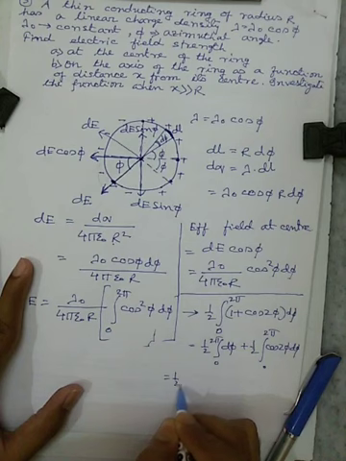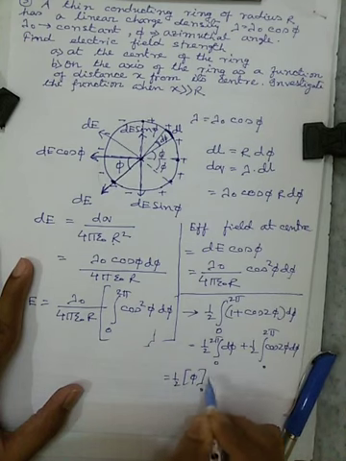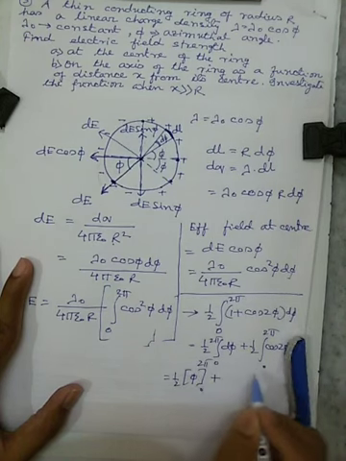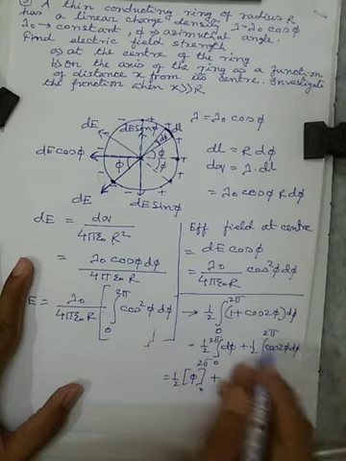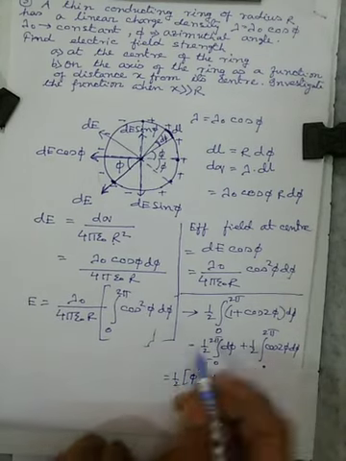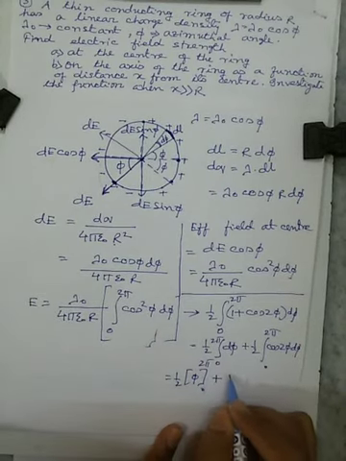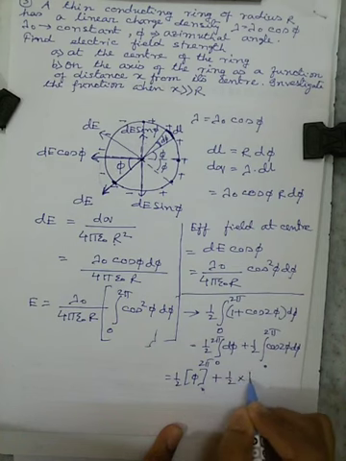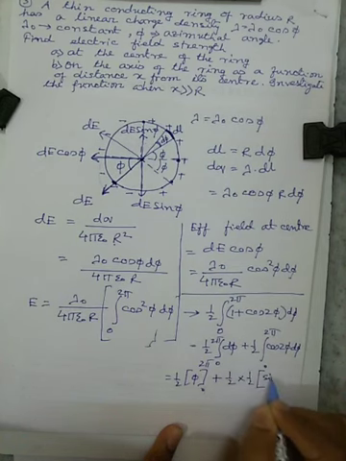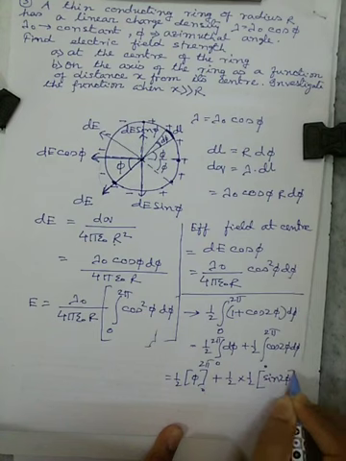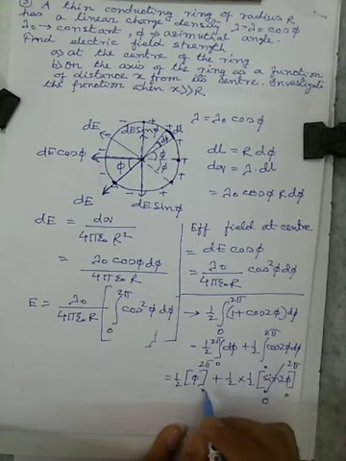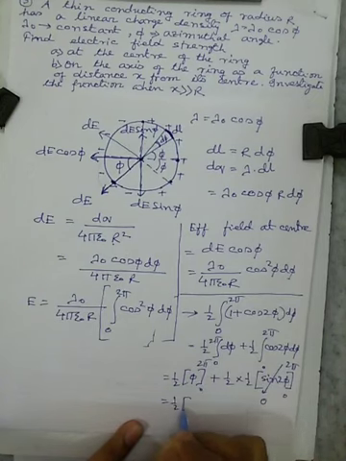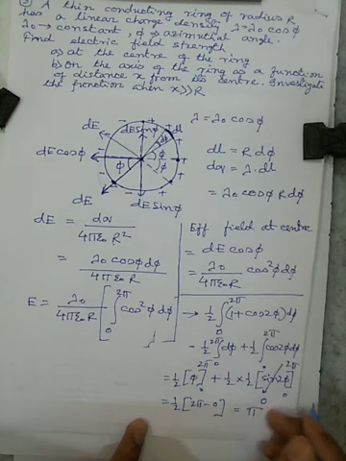This is half phi 0 to 2 pi plus integration of cos 2 phi means sin 2 phi by 2, that is half sin 2 phi 0 to 2 pi. This part will become 0, therefore half into 2 pi minus 0, that is pi, is the answer of the integration.